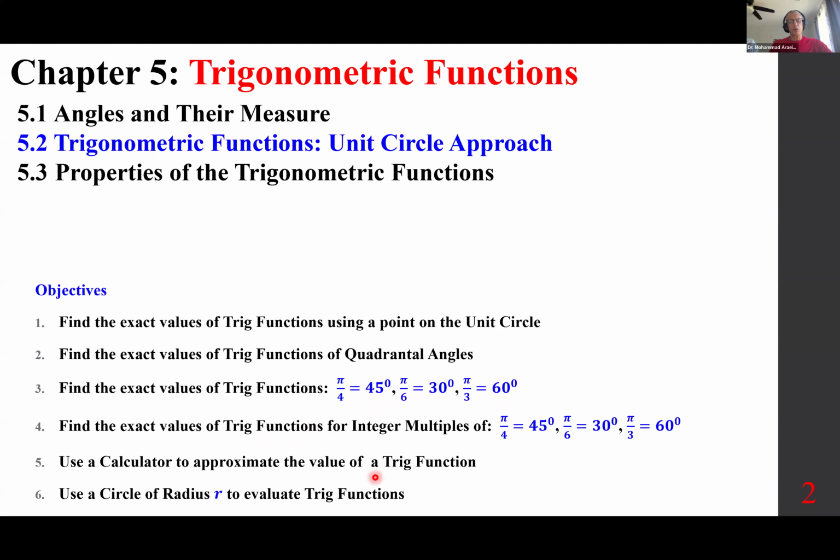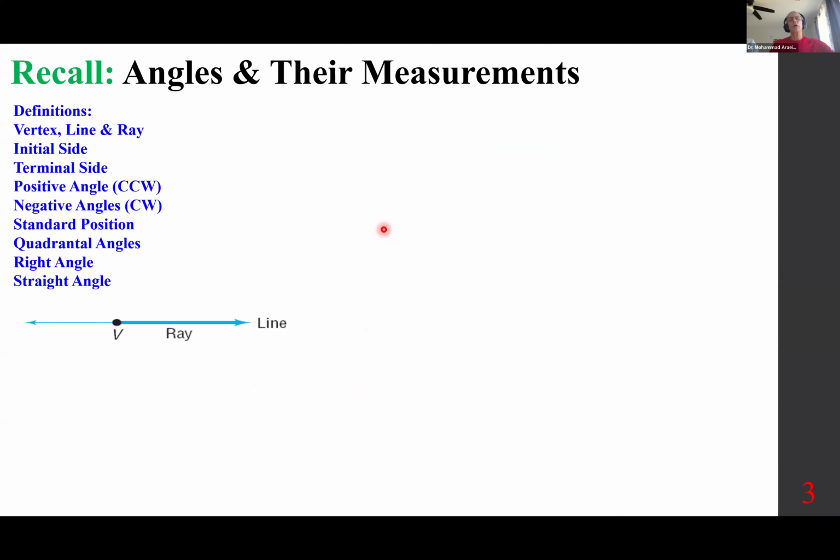Use a calculator to approximate the value of a trig function. Use a circle of radius r to find trig functions. So that's what we are going to cover in this section. All right, so let's remind everybody of what we covered already.